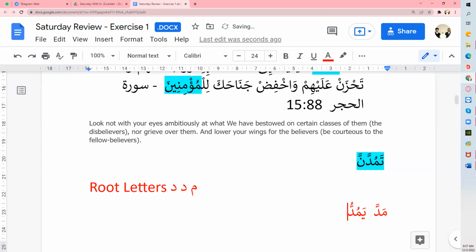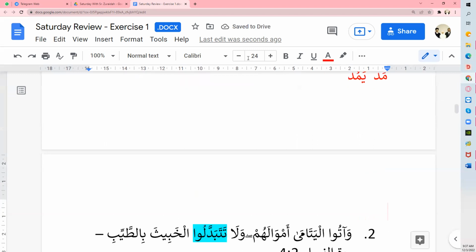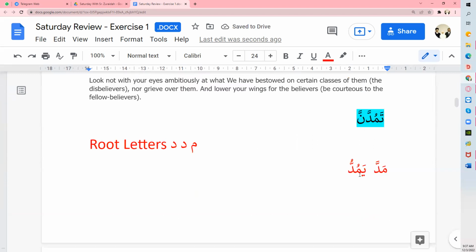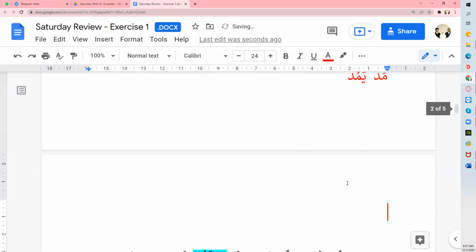Tumuddu. Yeah, muddu. So the passive one becomes mudda. Madda yamuddu. Okay, this is huwa. So this becomes, you said mudda, is it? Tumudda. Why do we say tu? Is there a reason why you want to put tu in front? Passive is only mu, right?